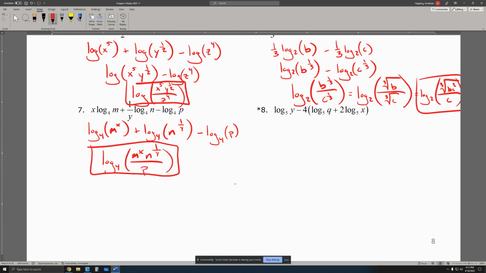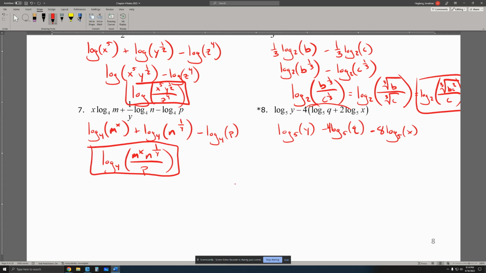Okay. Number 8, there's a few ways you could do this one. I'm going to start by distributing this negative 4. So log base 5 of y, and then minus 4 log base 5 of q, and then minus 8 log base 5 of x. All right, so we're distributing that negative 4.